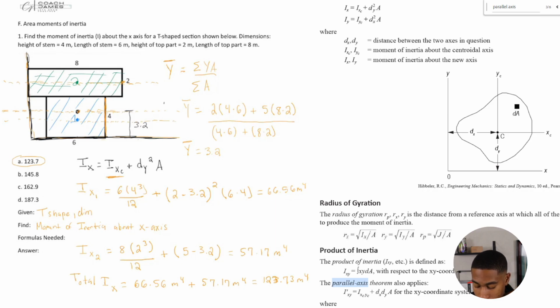That is what made this a lot more complicated than it needed to be. Now, notice that if it's about an x-axis, then y bar is typically important. If you're trying to figure out the moment of inertia about the y-axis, then your x bar is what you need to find.